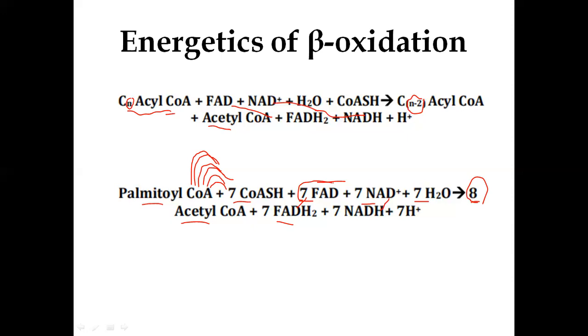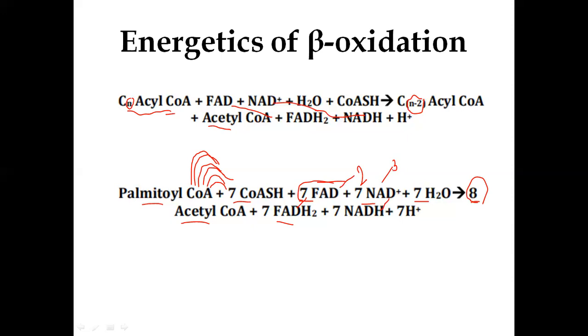So these reducing powers enter the electron transport chain. We all know that FAD, after oxidation, 1 molecule of FADH2 releases 2 ATP. Similarly, 1 NADH releases 3 ATP. So if there are 7, you have to multiply the number of ATP released.